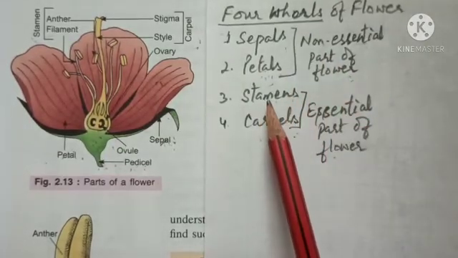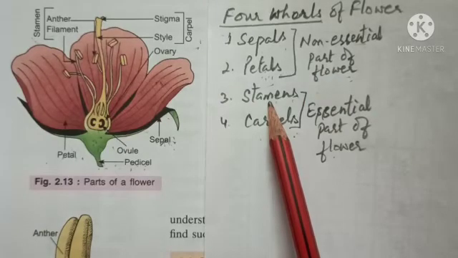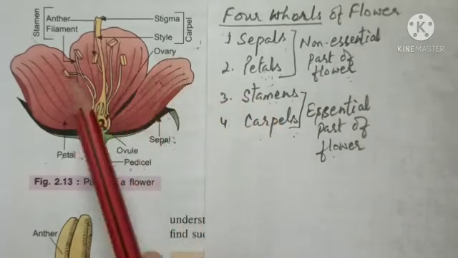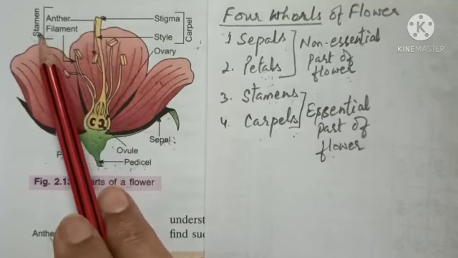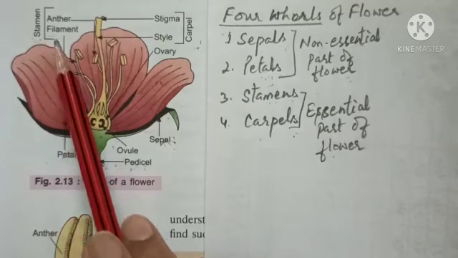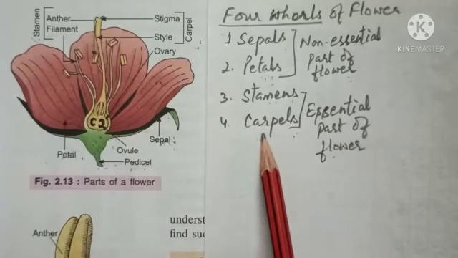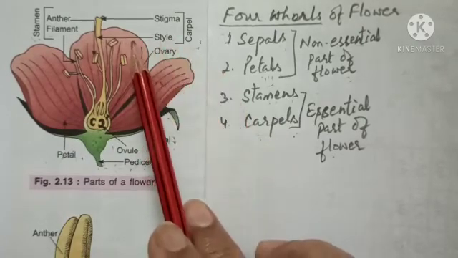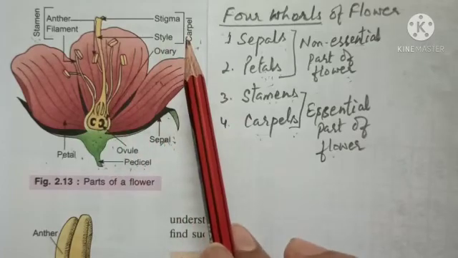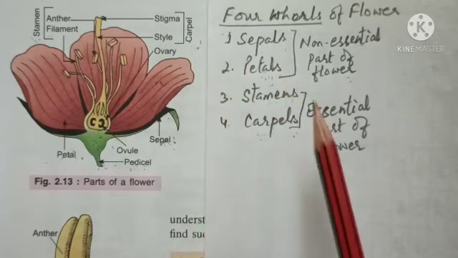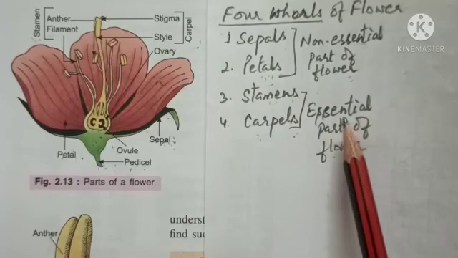Third whorl of the flower is the stamens. Just look here, the third whorl of the flower is stamens, and the fourth whorl is called what? Carpels. This is the center part of the flower, called carpel. And stamens and carpels both are what?